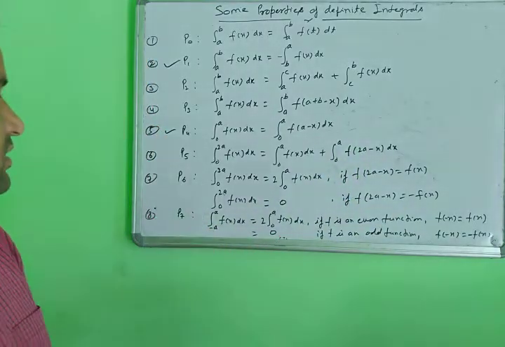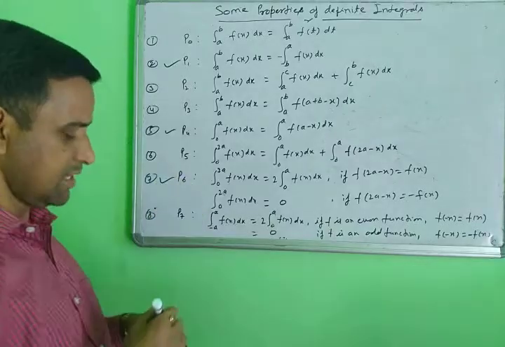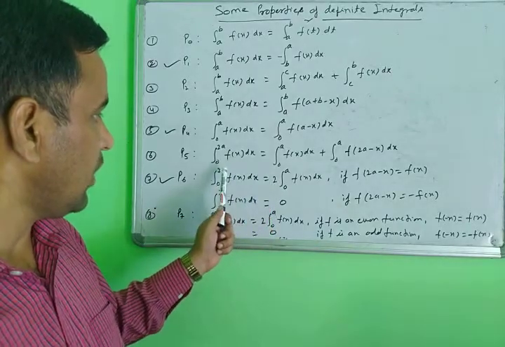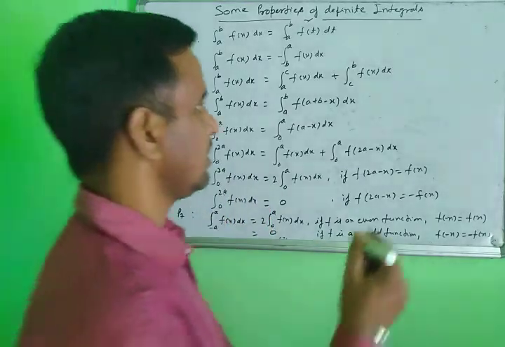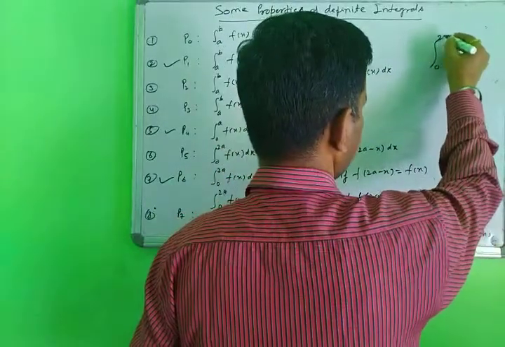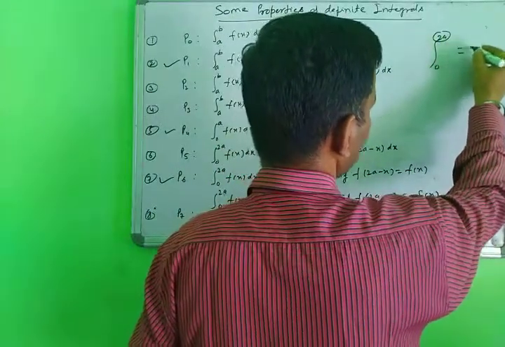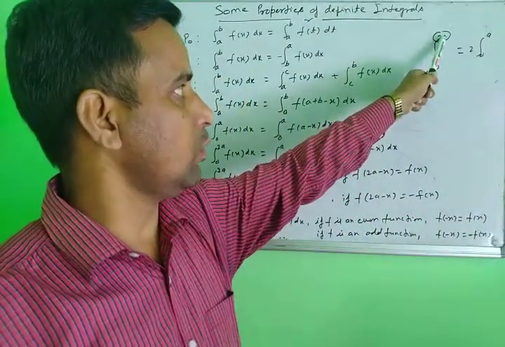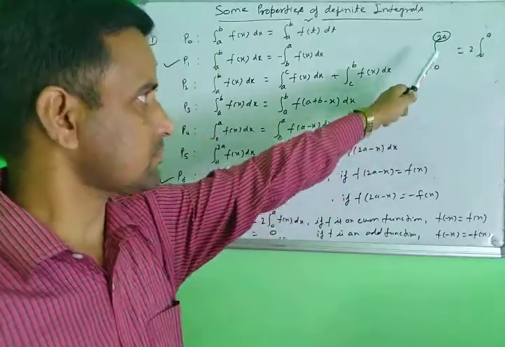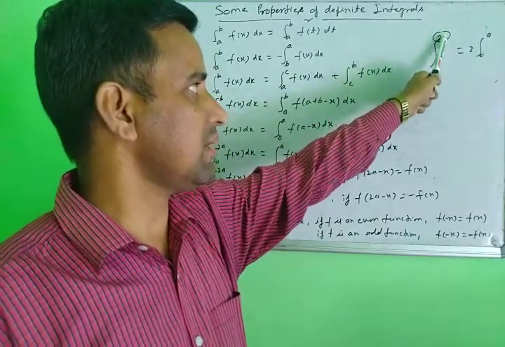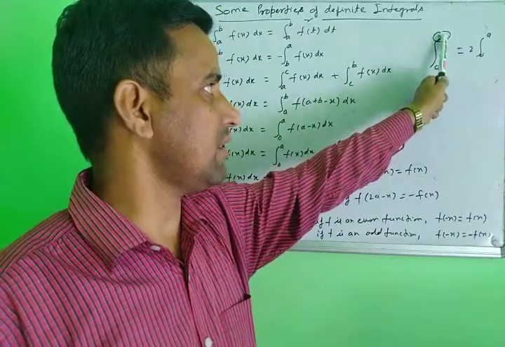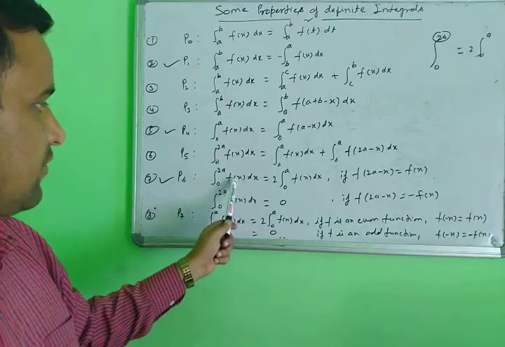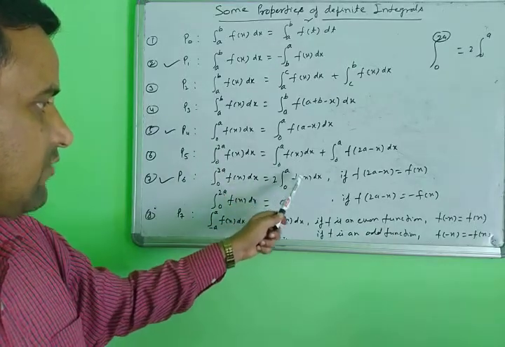And property number 6, a very important property: the integral from 0 to 2a of f(x) dx. When you divide this upper limit, 0 to 2a, by 2, then you multiply by 2 and the limit becomes 0 to a. So the integral from 0 to 2a of f(x) dx equals 2 times the integral from 0 to a of f(x) dx.